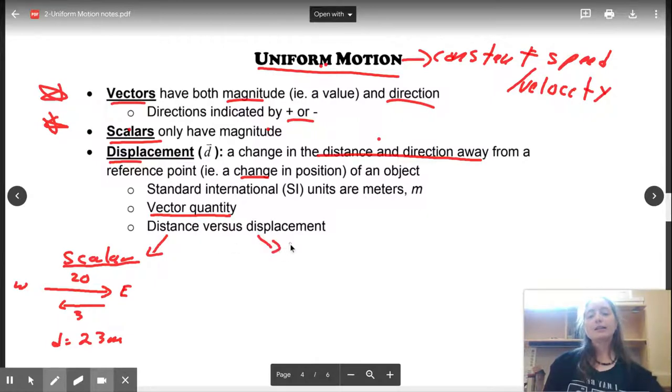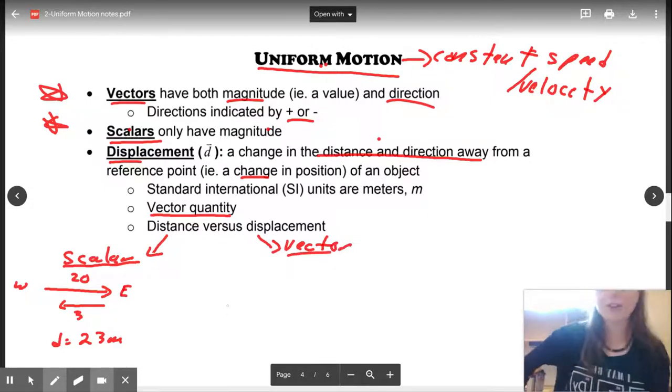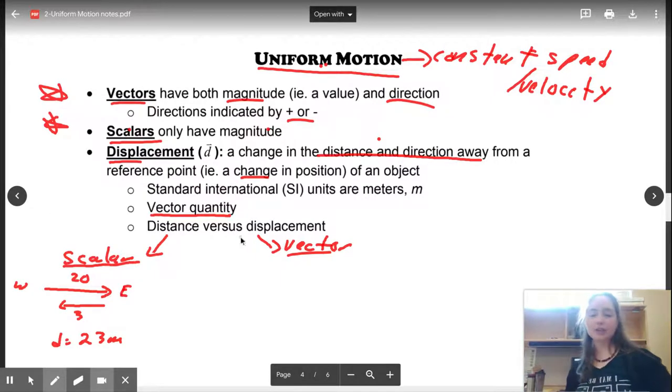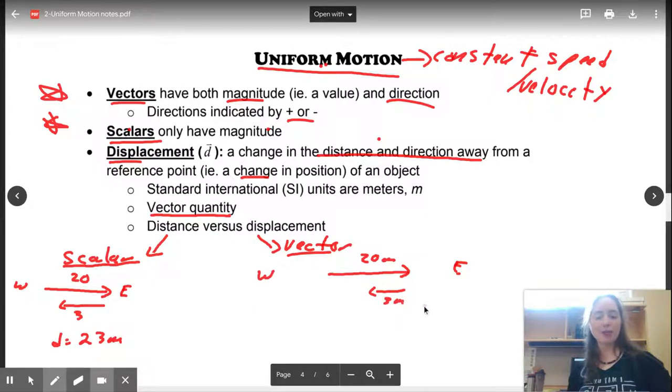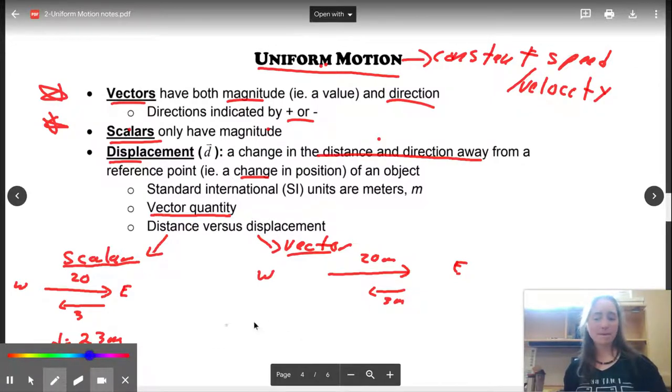However, displacement, ladies and gentlemen, is a vector quantity. That means we care about the direction. So in this case, we go west, east. Same idea. If we go 20 meters to the east, but then we turn around and go 3 meters that way, how far have you actually gone? 17 meters.